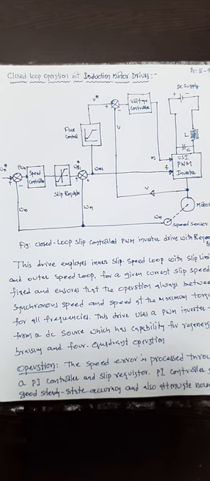The stator voltage control has some drawbacks, and that method is restricted to small applications like fans and pumps, where the torque demand reduces with the speed. So to avoid the drawbacks in the stator voltage control method, we came to the stator frequency control method. Here V by F is preferable for getting below rated speeds as well as above rated speed.